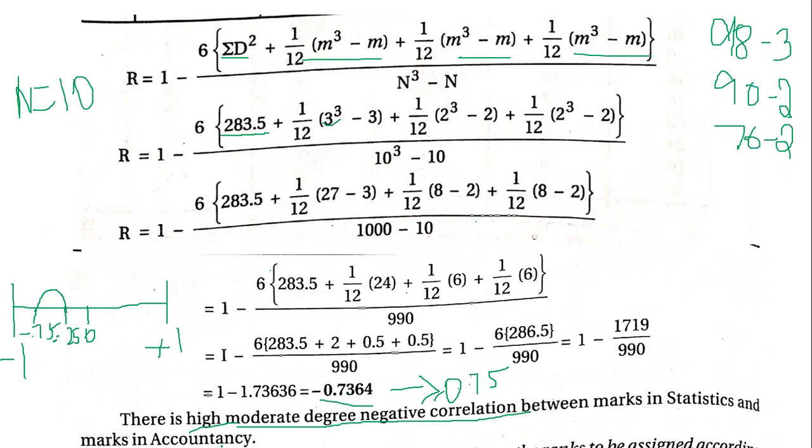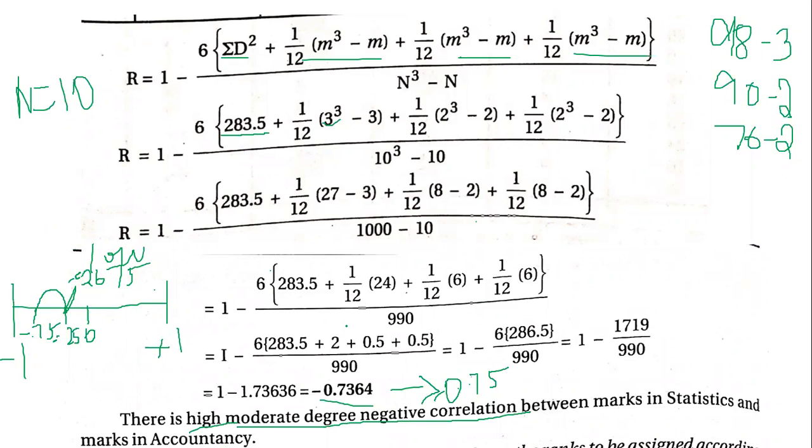If you get a value which is very near to 0.25, let's say minus 0.2675, then you can say low moderate degree negative correlation. They are very close to the low degree, but it is a moderate correlation.